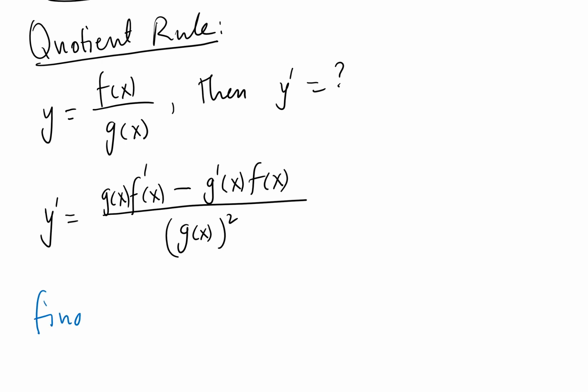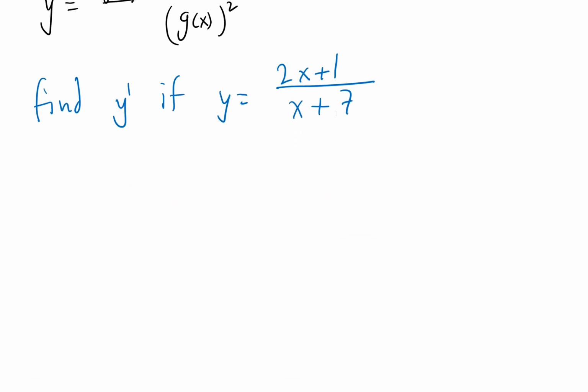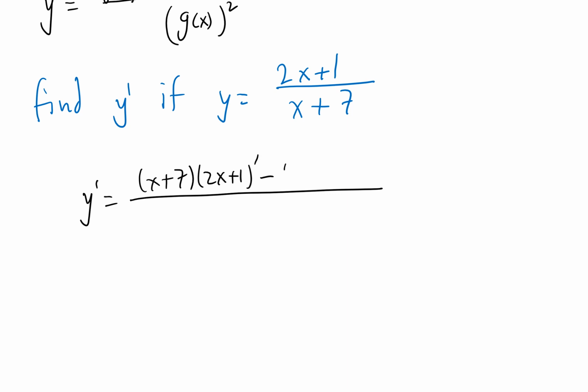Find y prime if y equals 2x over x plus 7. Start with something very easy. To find y prime, the formula says you take the denominator times the numerator derivative minus the denominator derivative times the top, over the denominator squared.